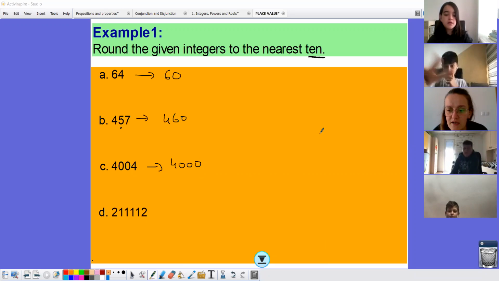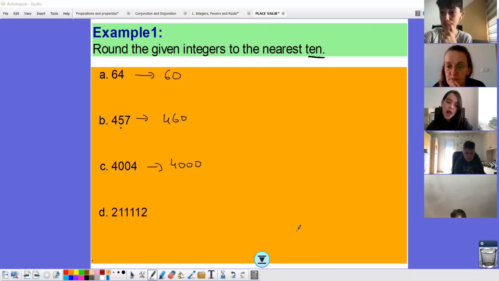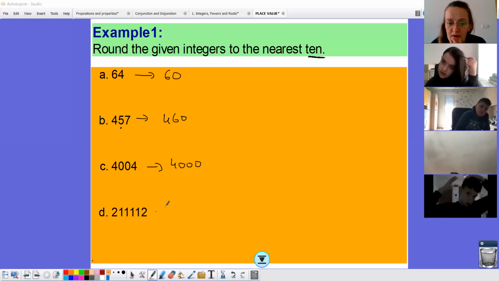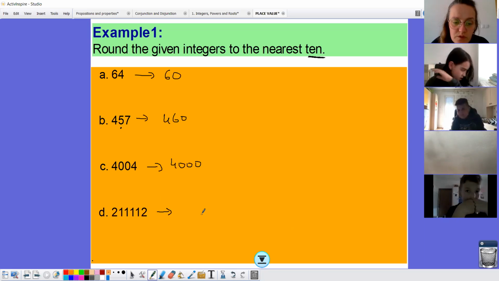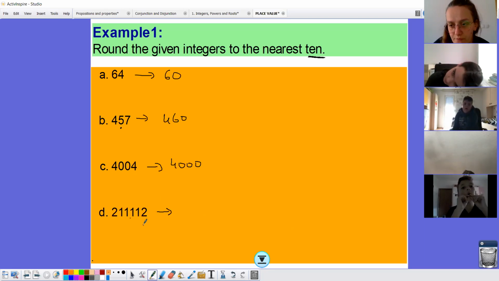Zara? How will you round this one to the nearest 10? This number is 211,112.